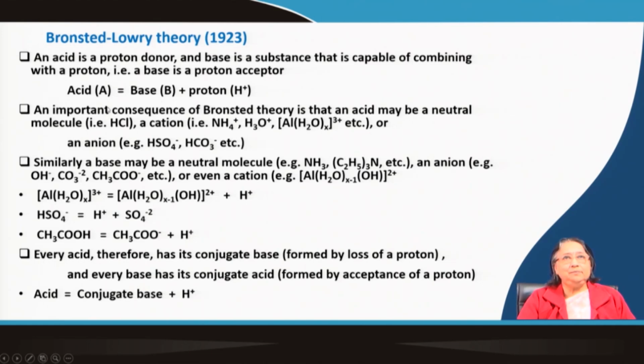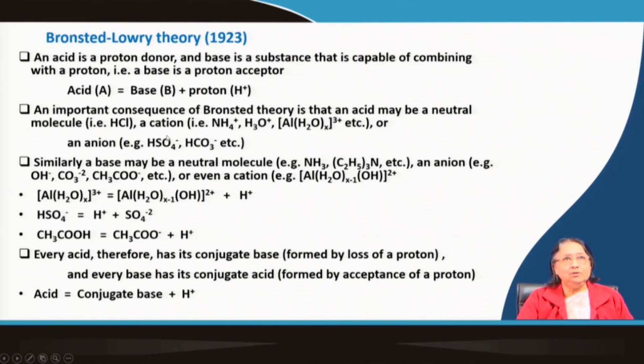Say for example, if it is a neutral molecule HCl, then we can explain why it is an acid. If it is a cation, say for example, ammonium ion or hydronium ion or even some aqueous complexes of aluminum, then also we can explain why it is an acid, or even some anions like bisulfate or bicarbonate, that also can be explained.